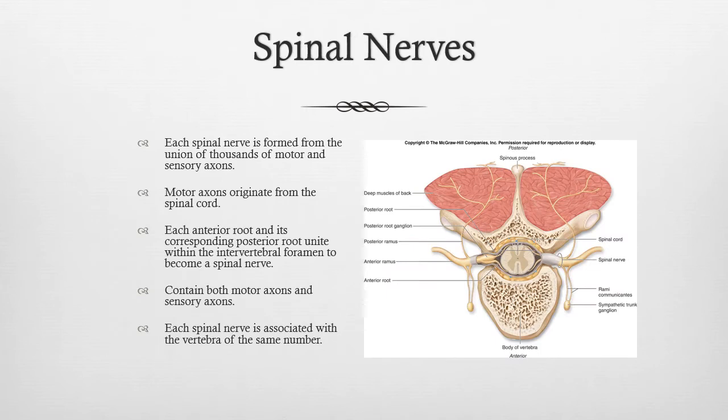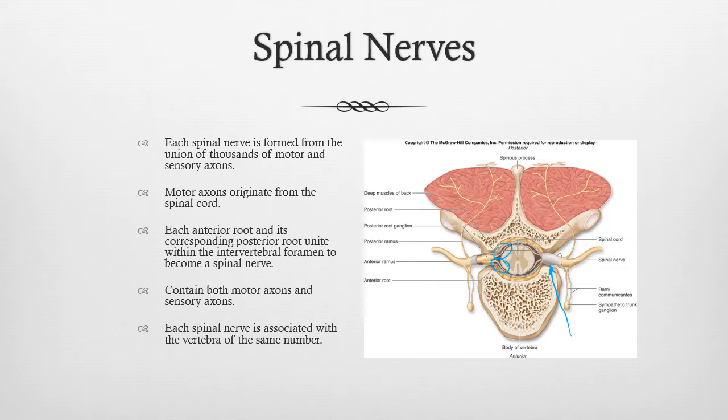All along the cord, we then have our spinal nerves. These are going to come out at the regions where we have openings to the intervertebral foramen. And so those spinal nerves are going to exit at the intervertebral foramens there. And they exit with either the dorsal rootlets or the ventral rootlets here.